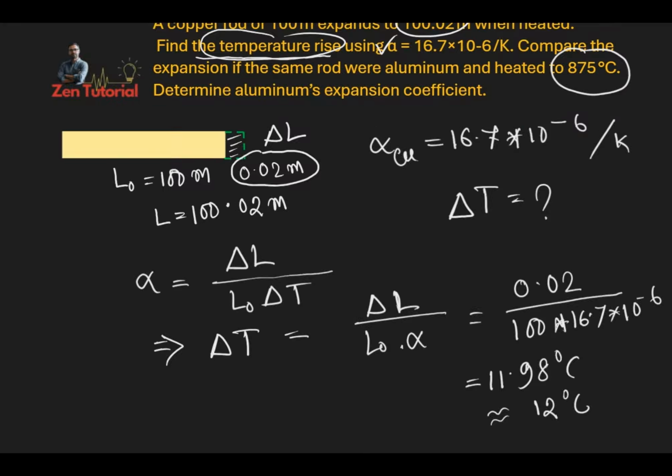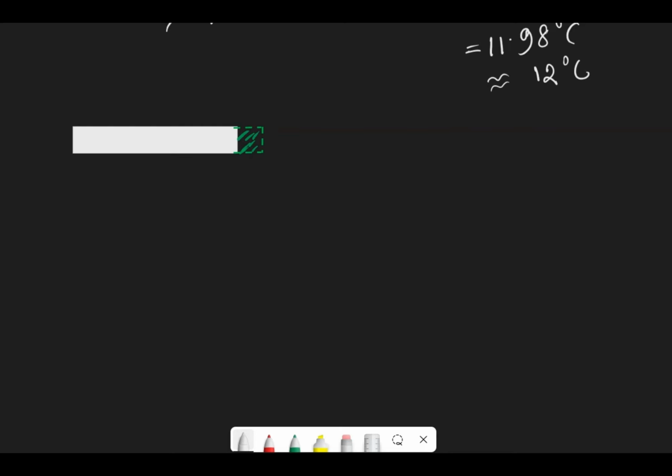So here is another rod made of aluminum, and the temperature rises up to 875 degrees Celsius, and we have to determine the aluminum's linear expansion coefficient, alpha of aluminum.